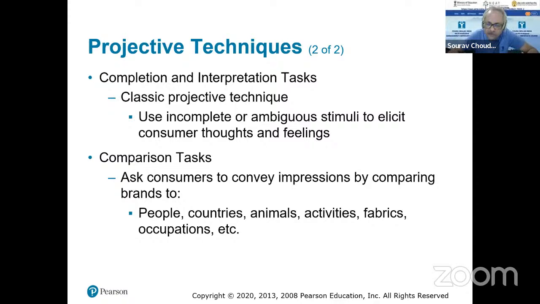You either give him a stimulus or you tell him to compare with something, because a projective technique is for somebody who cannot express himself. I feel very aggressive, but he cannot say it. Priyanshu is not able to express, I feel very aggressive. Priyanshu, can you compare it with something around you? I feel something like a tiger or a lion. So then he can say, okay, fine.